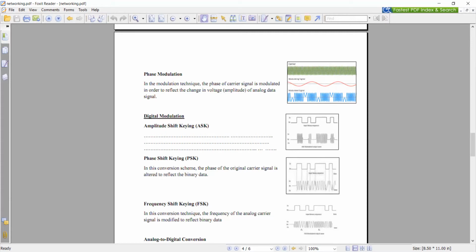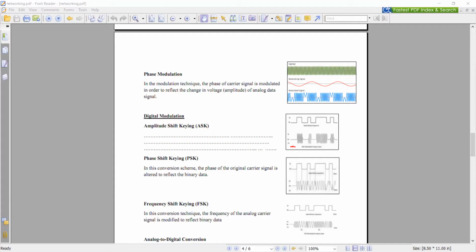So under amplitude shift key, write down. Now you can see the signal. Digital signal is there. ඒක තමයි මේ convert කරන්නේ analog signal එකකට. මෙතනදී ඒක තමයි අපේ transmit කරන්න, right? So there write down amplitude shift key.